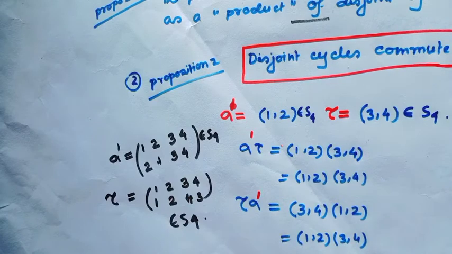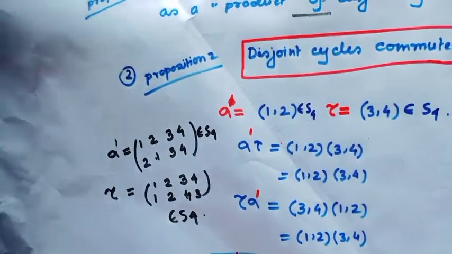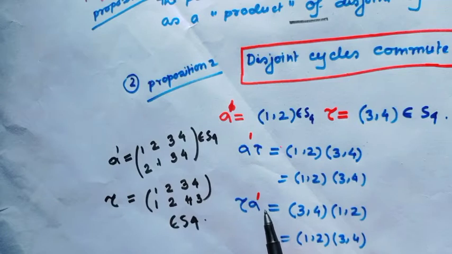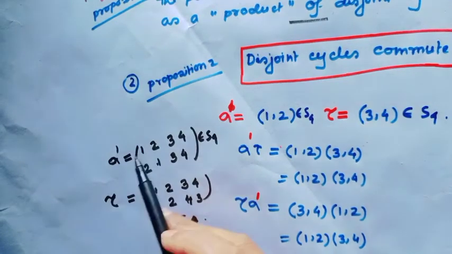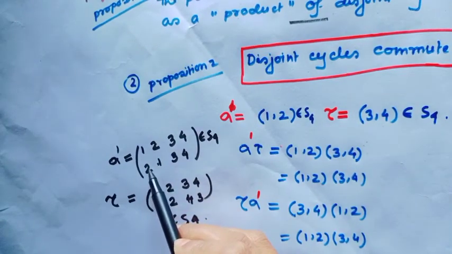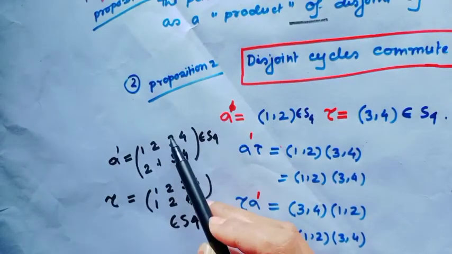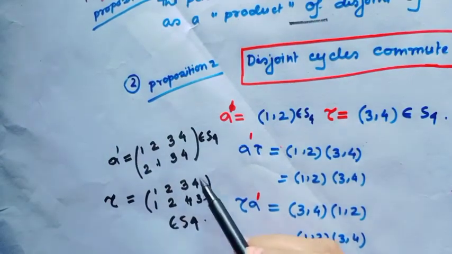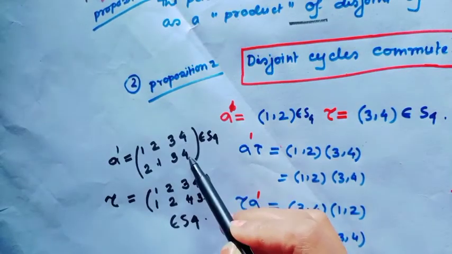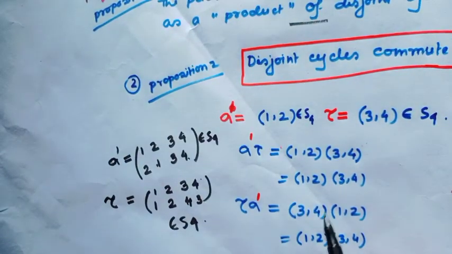And tau sigma dash equal to, here we have to start from sigma dash. Therefore, 1 goes to 2, here 2 goes to 2. So this is (1 2). 3 goes to 3, 3 goes to 4. 4 goes to 4, here 4 goes to 3. That means there is cycle (3 4)(1 2), and we can write it (1 2)(3 4).